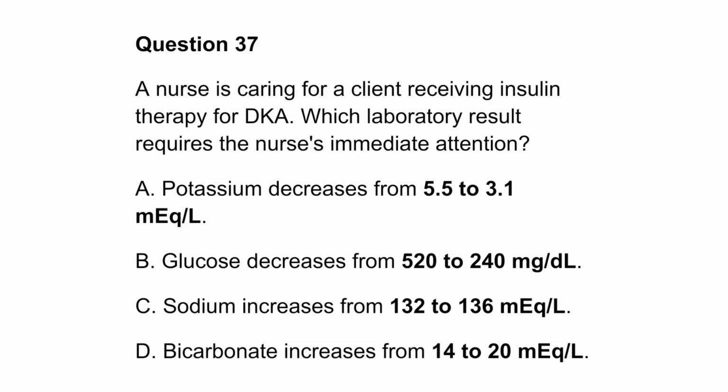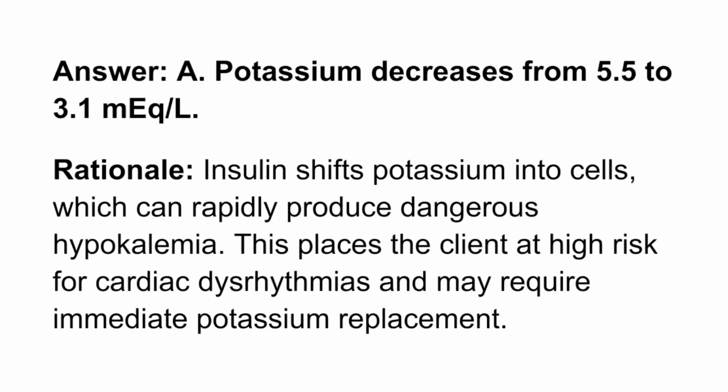D. Bicarbonate increases from 14 to 20 milliequivalent/L. Answer: A. Potassium decreases from 5.5 to 3.1 milliequivalent/L. Rationale: insulin shifts potassium into cells, which can rapidly produce dangerous hypokalemia. This places the client at high risk for cardiac dysrhythmias and may require immediate potassium replacement.